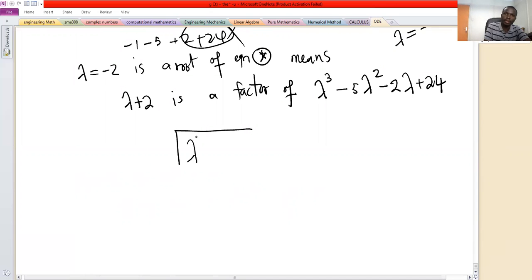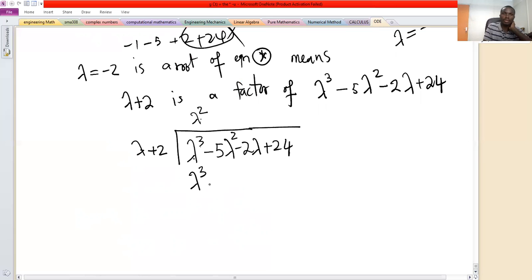So lambda cubed minus 5 lambda squared minus 2 lambda plus 24, divided by lambda plus 2. Lambda into lambda cubed is lambda squared. So what you multiply by lambda to get lambda cubed is lambda squared. So lambda squared by this is lambda cubed.